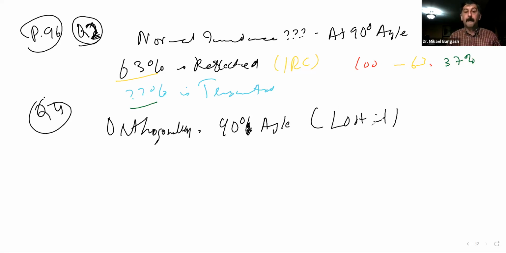Clear? Okay. So please make sure that you know that a right angle or a 90-degree angle can also be called an orthogonal angle, or perpendicular. So a perpendicular angle.